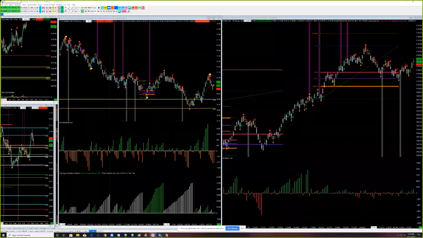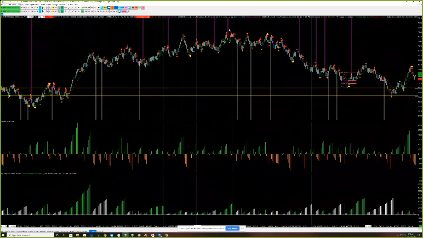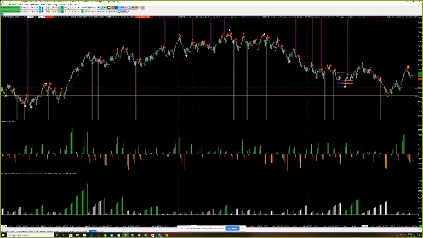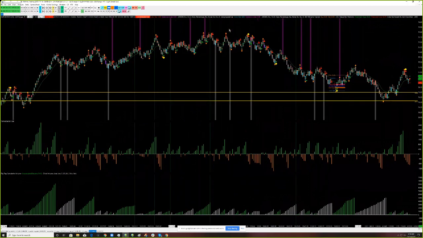One of the problems is when it's slow and grindy, it doesn't always set up here off the bottom. So see how this whole thing turned into a huge extended leg A? If you treat that whole leg down as a leg A, it looks like this on your extension.